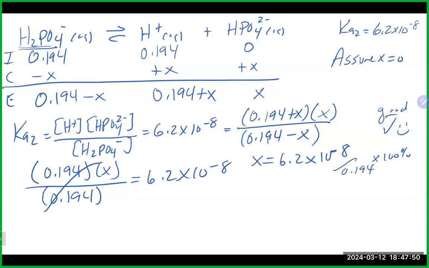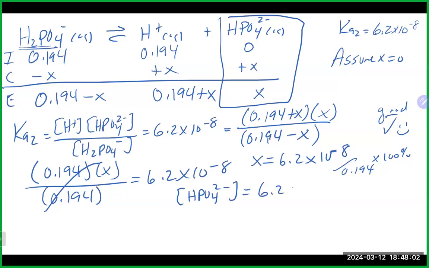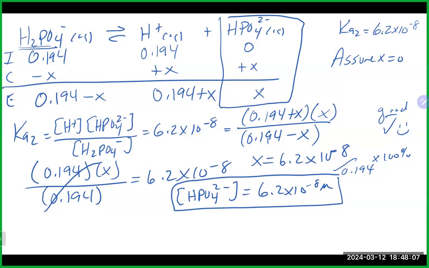That means in this case, the concentration of my HPO4 2 minus is equal to x. So the concentration of HPO4 2 minus will equal 6.2 times 10 to the minus 8 molar, yeah? What happens to my H plus concentration if I take 0.194 and add 6.2 times 10 to the minus 8?